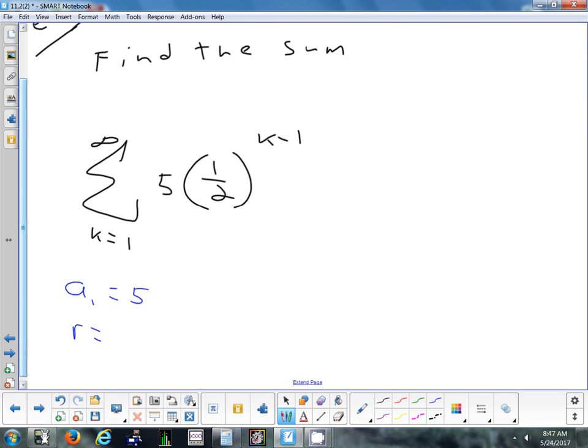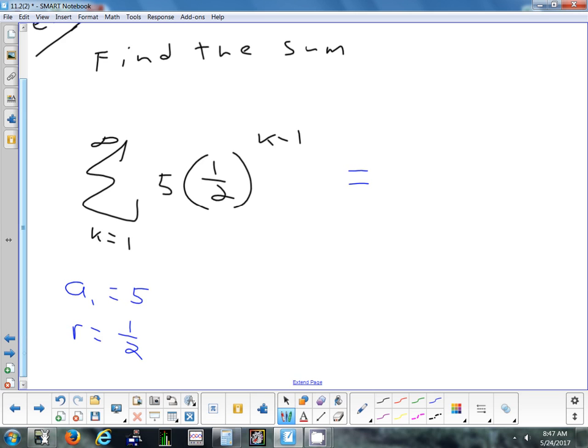And what's the common ratio? Half. Before I even plug it in, I'm going to ask myself, does this converge? Yes, it does converge. And how do we know? It's less than 1 and greater than -1, between -1 and 1. So now we can use the formula, and the answer that we get is going to be the sum.